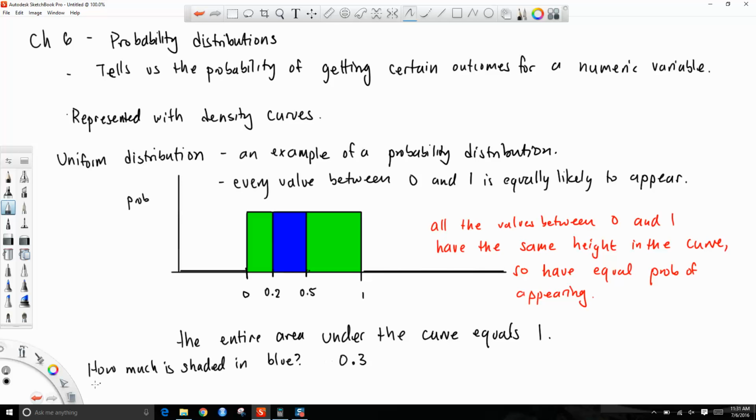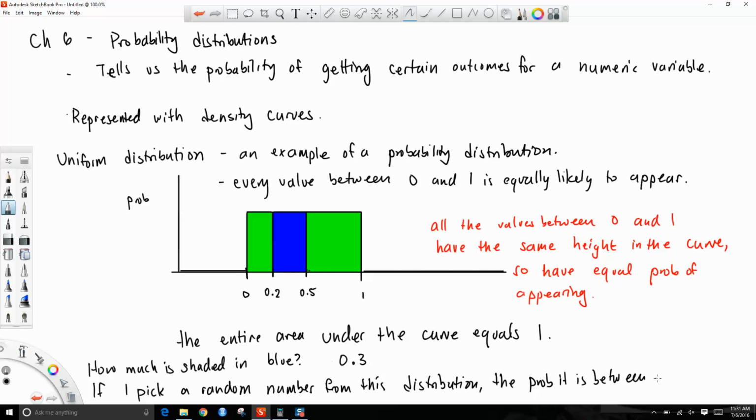So this means if I pick a random number, the probability it is between 0.2 and 0.5 is 0.3. Is this okay?